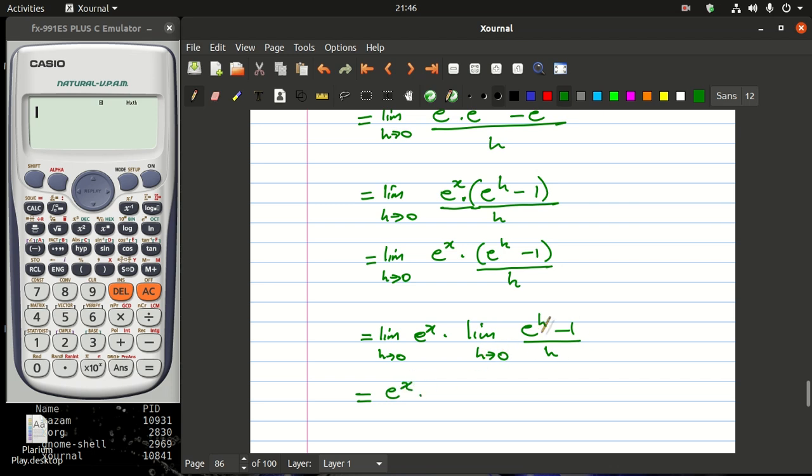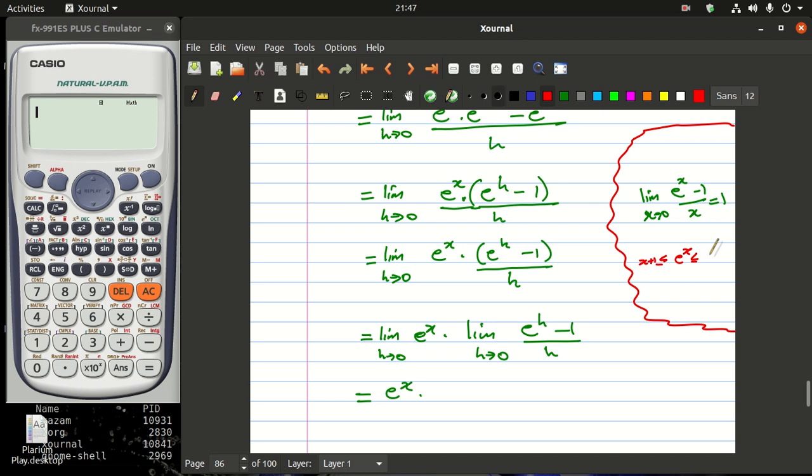And then if you look into this limit here, I want you to remember that when we were using the squeeze theorem, we said that if I have x and then I have e to the x minus 1 over x, this limit is always equal to 1. I'm not sure if you still remember that when we were saying that e to the power x can be bounded by x plus 1, and then x times e to the power x plus 1.